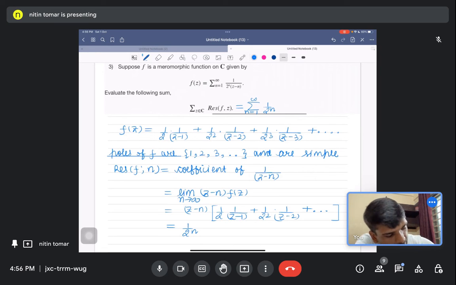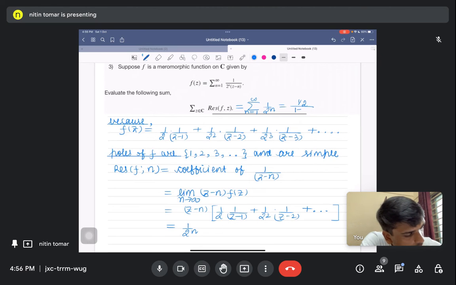This is a GP, so its sum is the first term, which is half, divided by 1 minus the ratio. The ratio is half, so it is half upon half, which is 1. Some of you were saying that it is 1, and that is the correct answer.